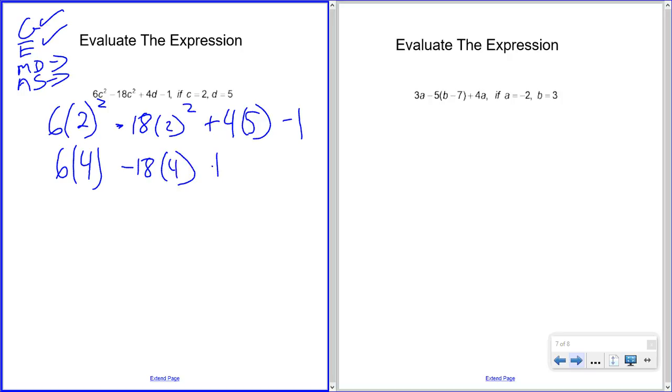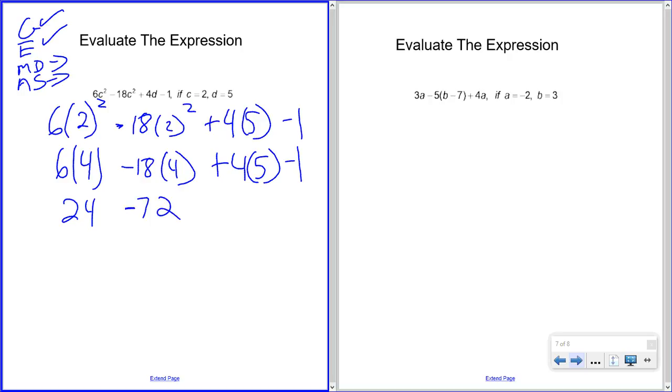It's very important right now not to drop your parentheses. These parentheses tell us that we're multiplying. So we're going to do 6 times 4, which is 24. Then we're going to do 18 times 4, which is 72. Now, I do a negative 18 times a positive 4, and I get negative 72.